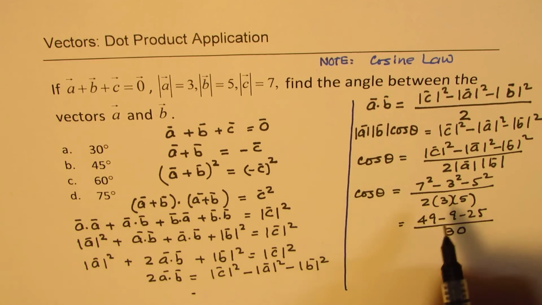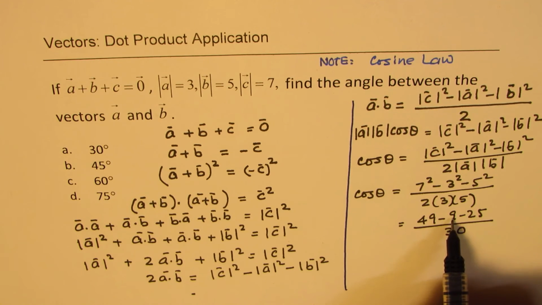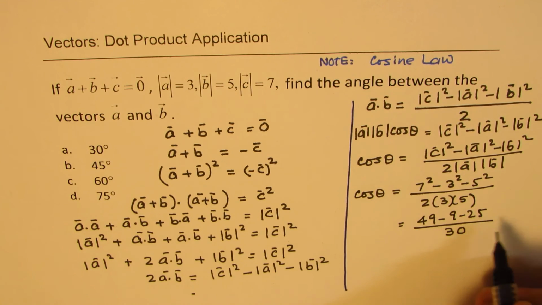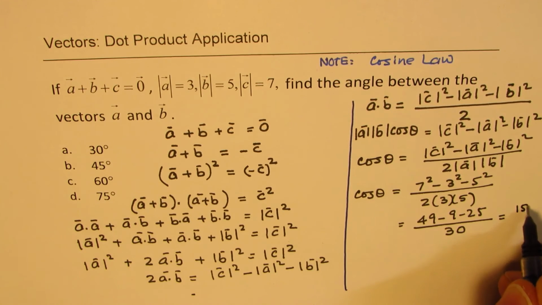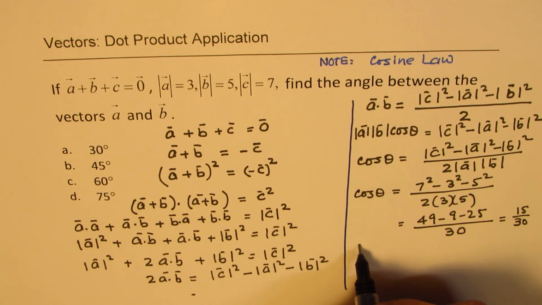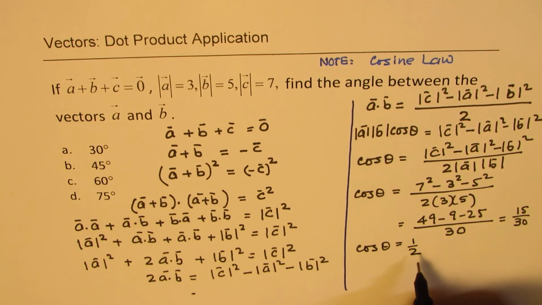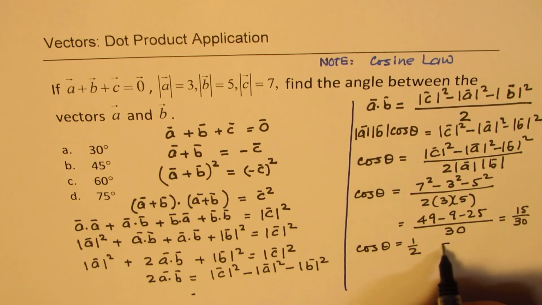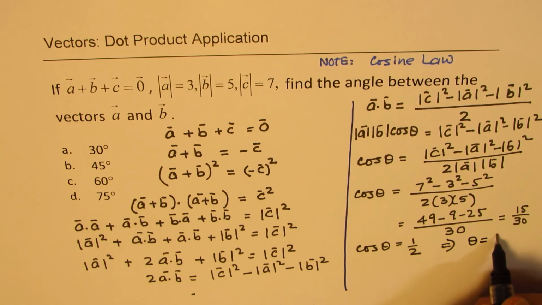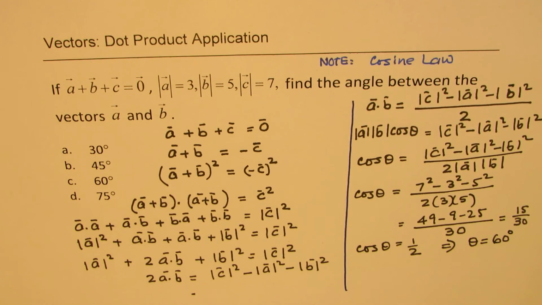So 49, take away 9 is 40. Taking away 25 leaves you with 15 over 30. Or we get cos theta as equal to half. Cos theta is half for 60 degrees, right? So that gives you theta as 60 degrees as your answer.